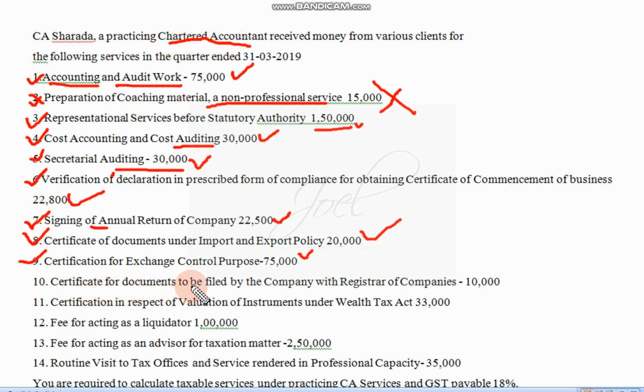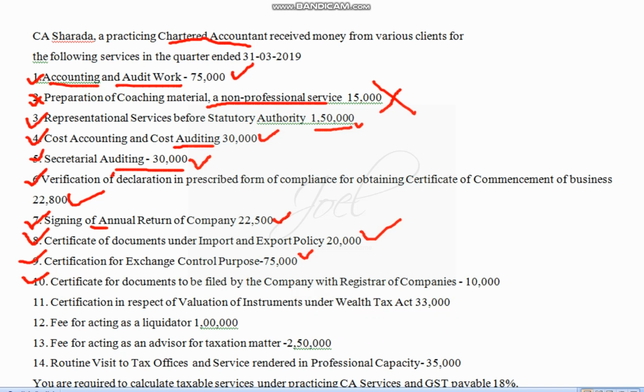Next, certificate for a document to be filed by the company with registrar of companies. See, on behalf of company, chartered accountants will do this particular work. So that's why we are considering it. Next, certification in respect of valuation of instrument under Wealth Tax Act.